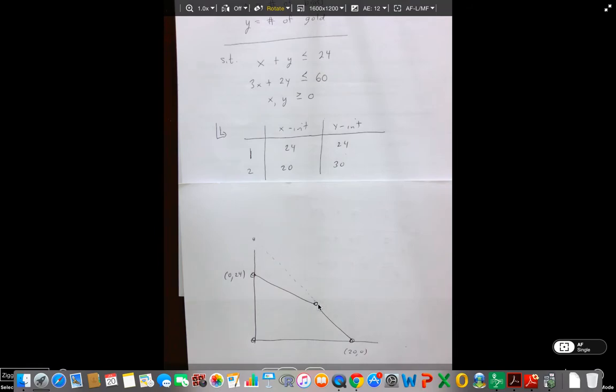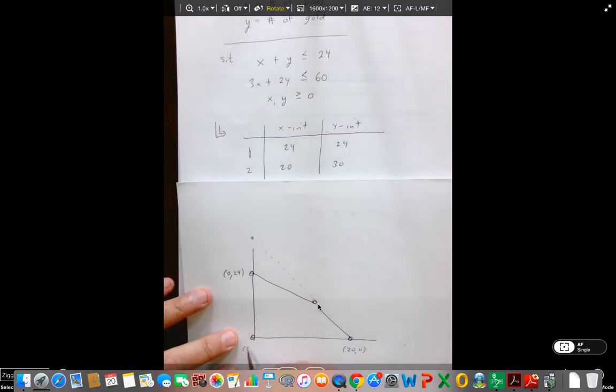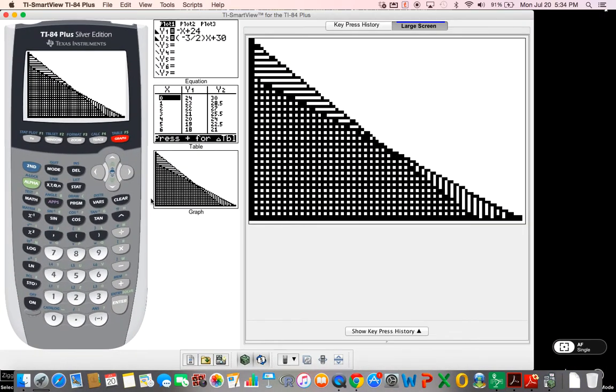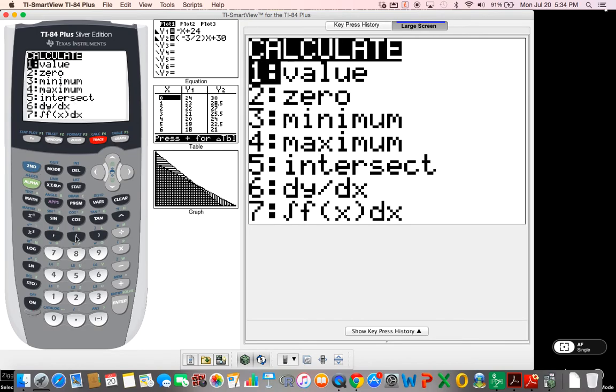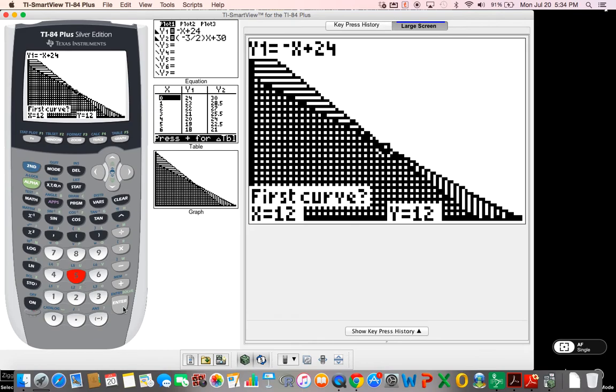And I know this one's going to be 0, 0. And I have to use my calculator to find that one. It's going to be easy to find. Second function, calc, go to intersect number 5, and go enter, enter, enter. When it tells me intersection, that means I've got the point of intersection, which is 12, 12.